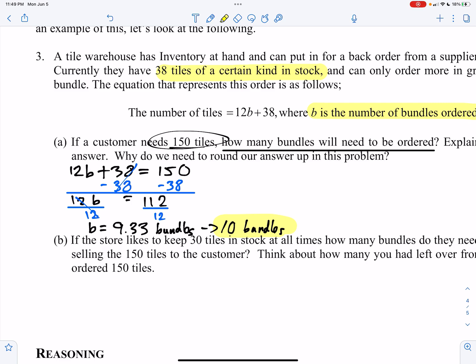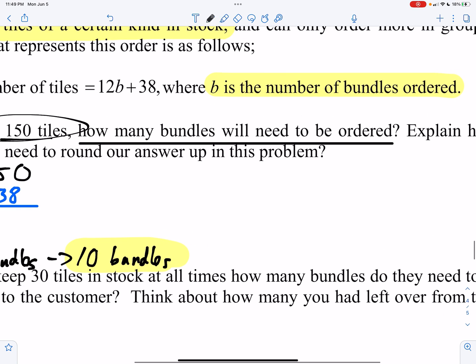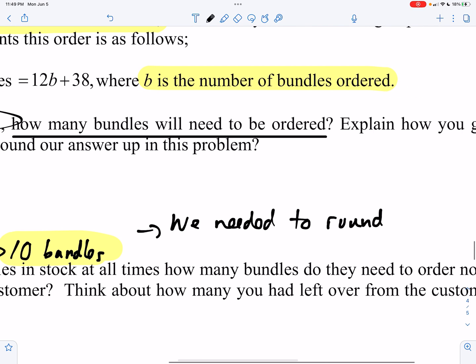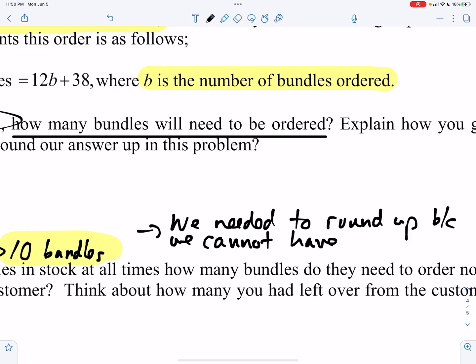So again, we needed to round because we cannot have 1/3 of a bundle.